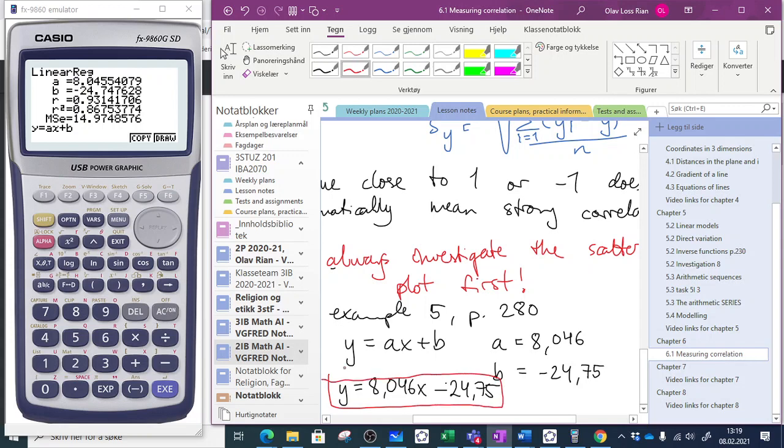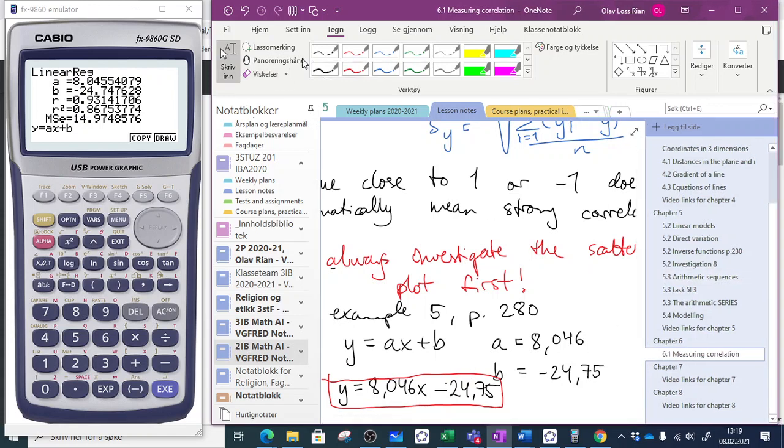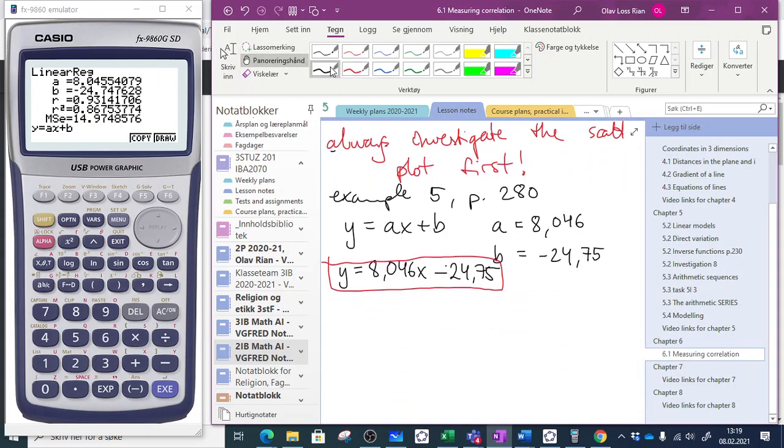Right? So this is our equation for the regression line. Now we can also comment on the strength of the correlation, and we can do that by looking at the R value. So the value of R is 0.93. R squared is 0.87.